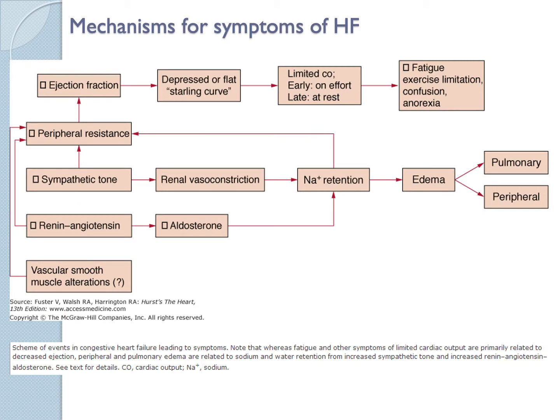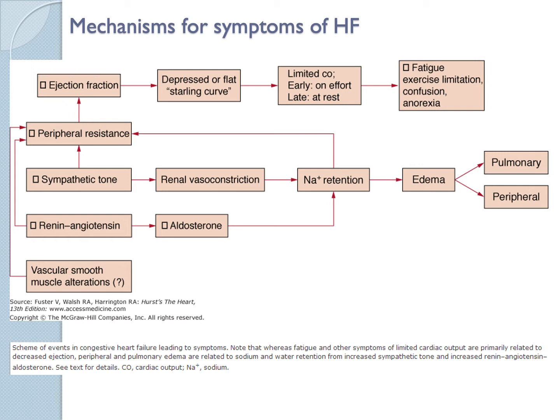So there's different mechanisms which contribute to the symptoms of heart failure. So you can see again there's different components of it. Similarly, the contributors of how the hypertension would happen, right?